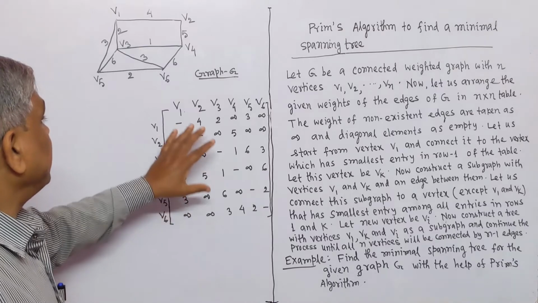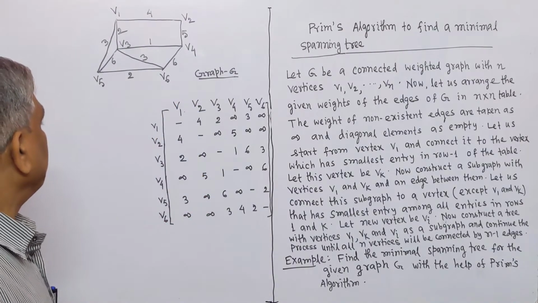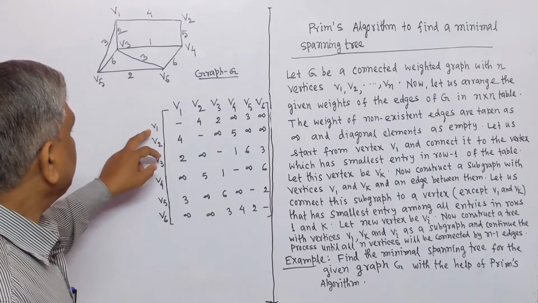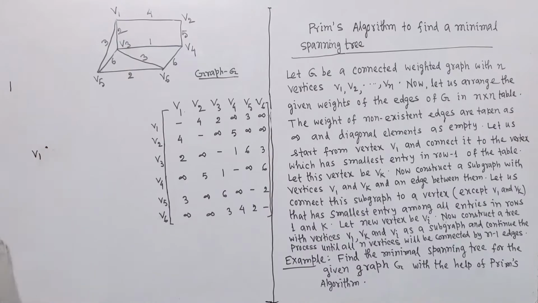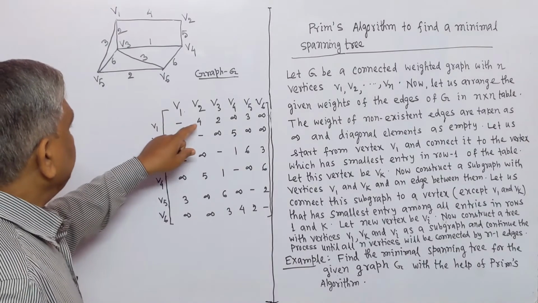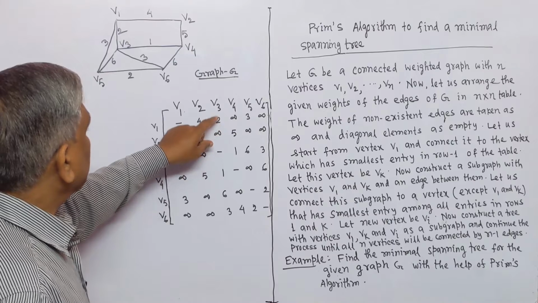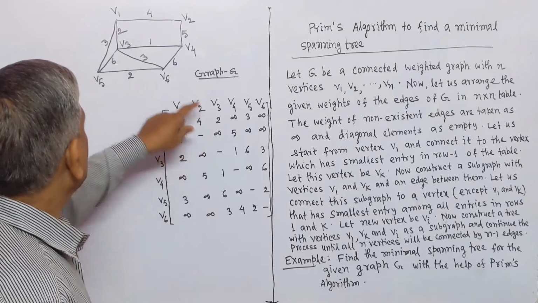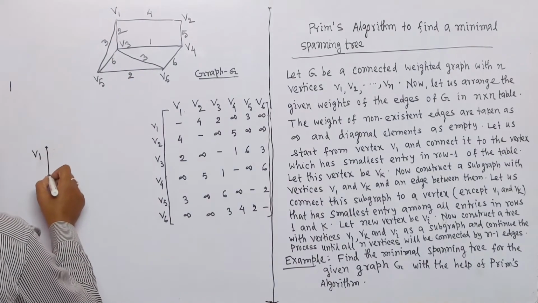Now we start to construct a minimal spanning tree. Firstly, we take vertex V1. And we take the minimum weight in the first row, 2. So we connect V1 and V3 first.